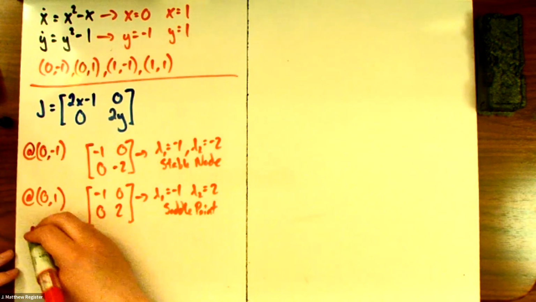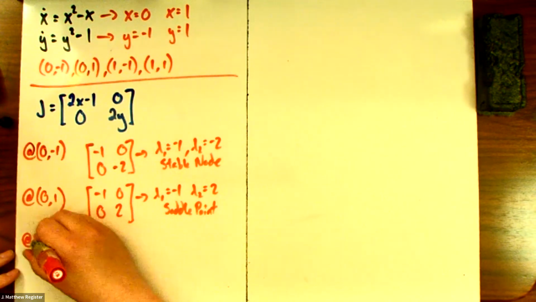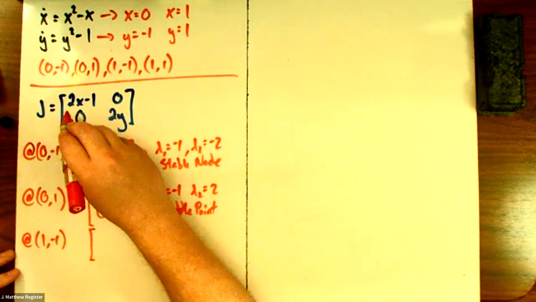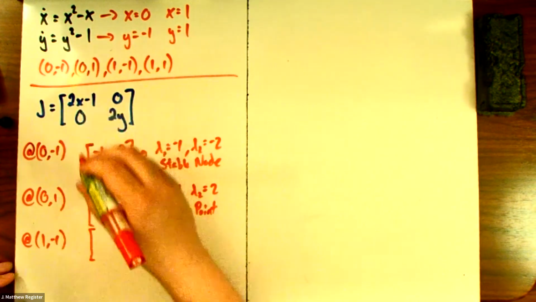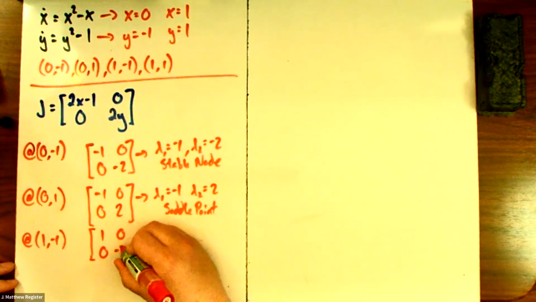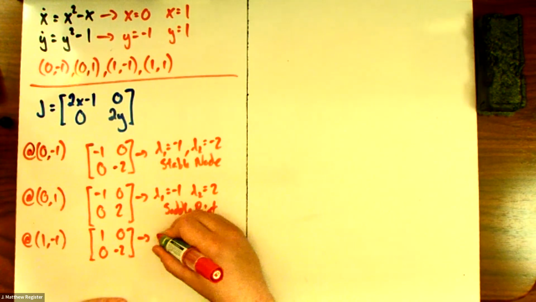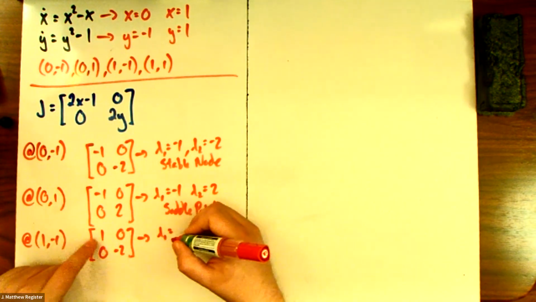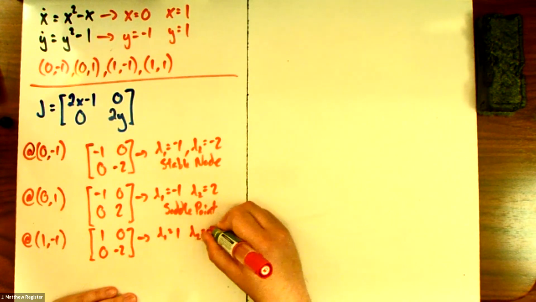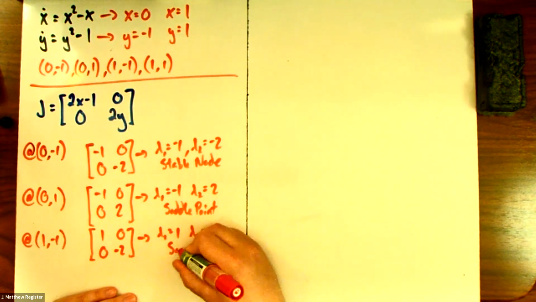Now we do the next one. At 1, -1, we're going to be doing 2 times 1 minus 1 is a +1, 0, 0, -2. Since we have a lambda 1, which is a +1, and lambda 2, which is a -2, this is going to be a saddle point again.